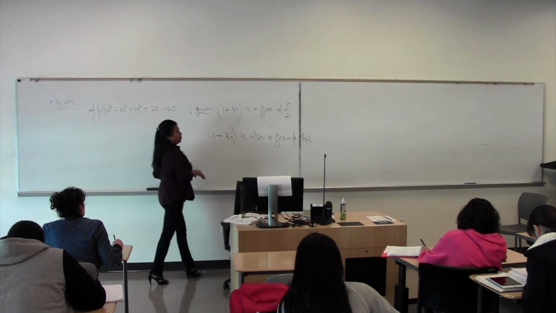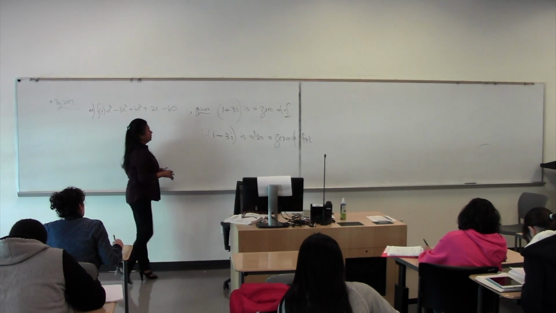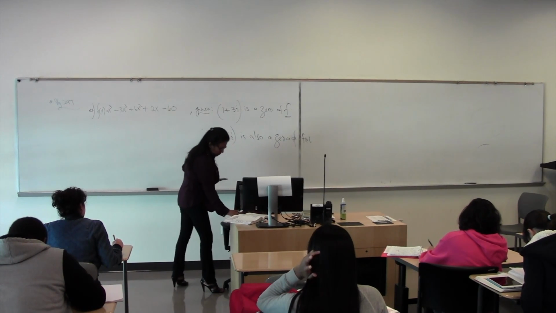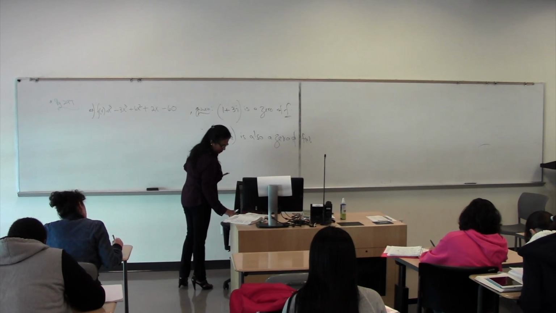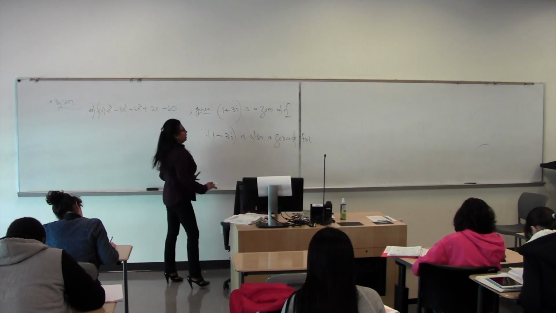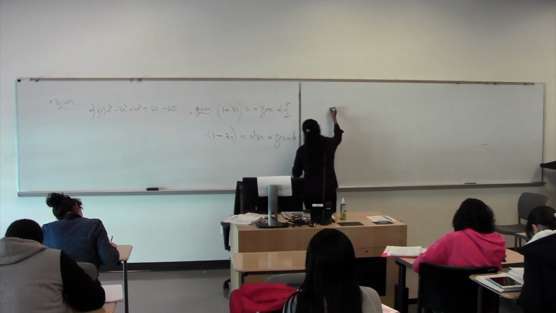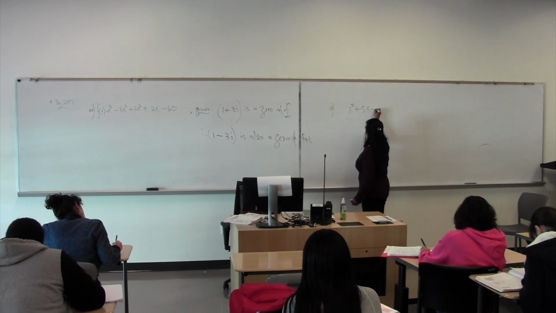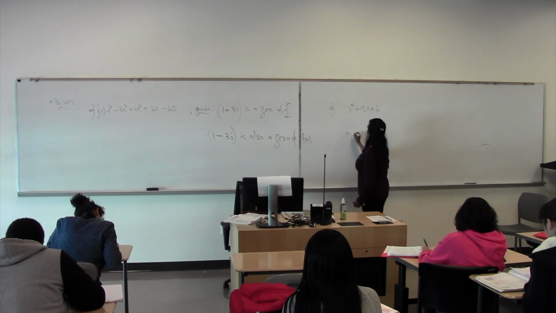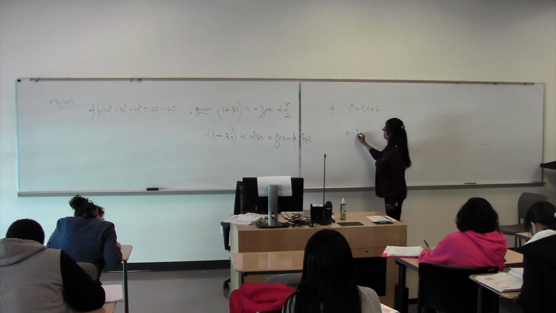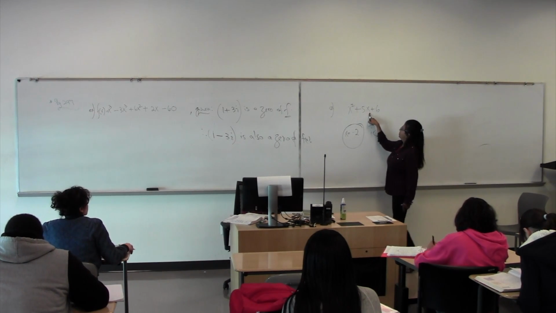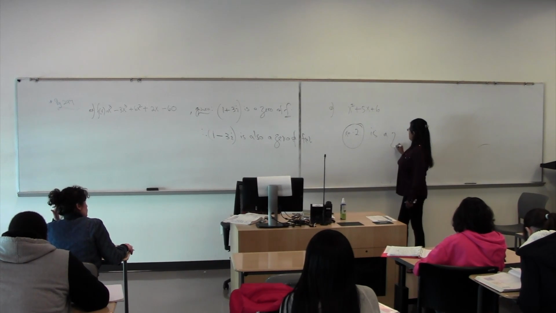So now we have two zeros. What does this mean when we have two zeros? Remember, if you have x squared plus 5x plus 6, if I say x is equal to negative 2 is a 0, this means what?